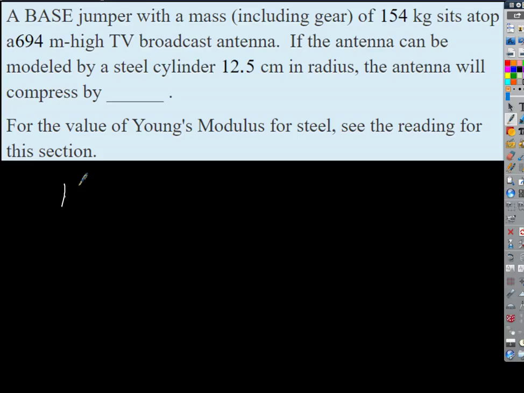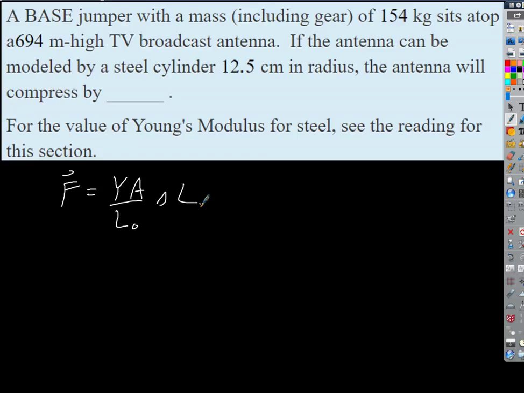F equals Young's modulus times area divided by L naught times delta L. So these are the variables, and that's k, the spring constant, if you thought of it as a spring.